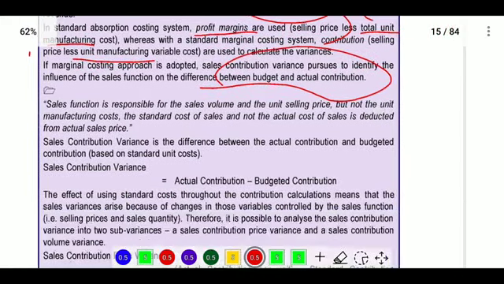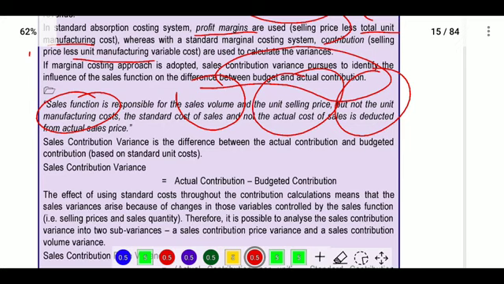Next, the sales function is responsible for sales volume. Sales volume means quantity and unit selling price. So the quantity you are selling and the unit price are the responsibility of the sales function, but not the unit manufacturing cost.